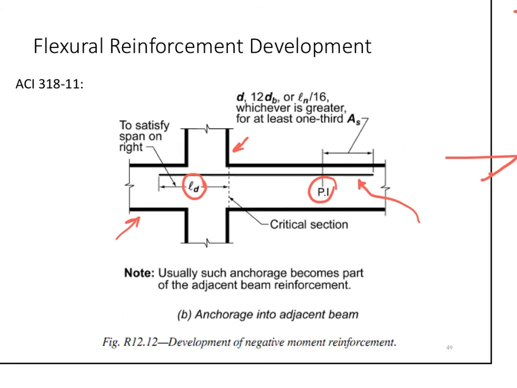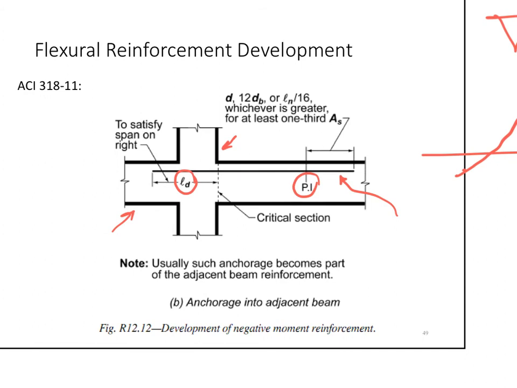So once your point of inflection is known, which is this point, then that distance becomes d, 12 dB, or ln over 16, whichever is greater, for at least 1/3 of your area of steel. So at least 1/3 of your steel must continue to this point.